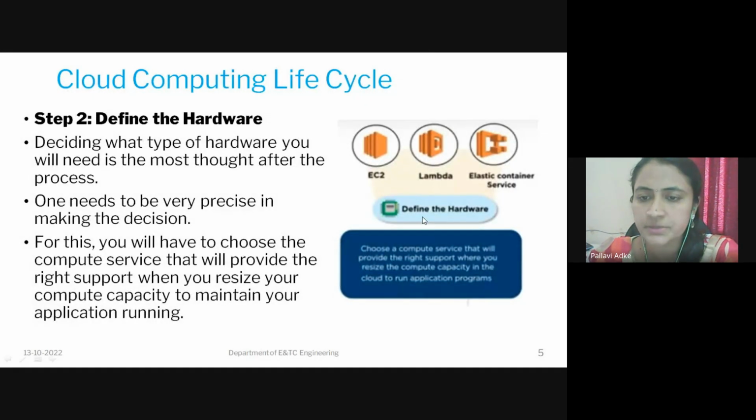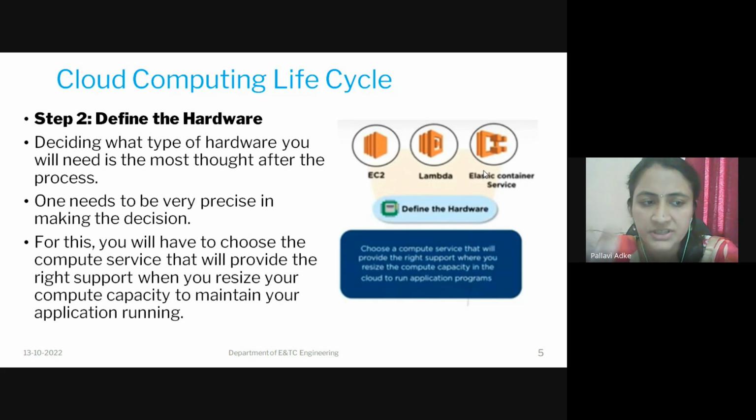Then the second step is define the hardware, which type of hardware you want to build. The EC2, in that Saturday's practical session, we have seen how to build the EC2 model. One more option is Lambda, then Elastic Container Services. So these are the different hardware options available on AWS, and each has its own advantages and disadvantages.